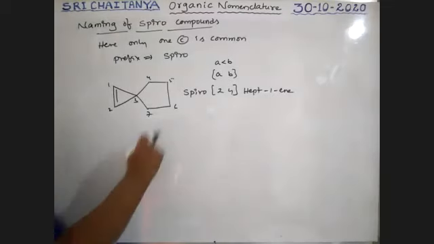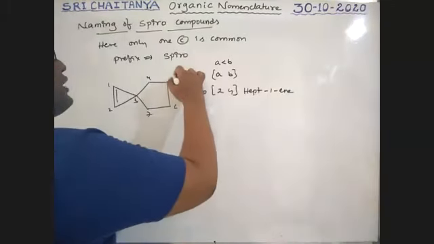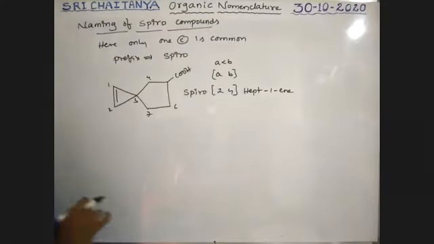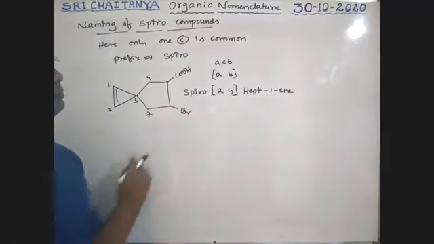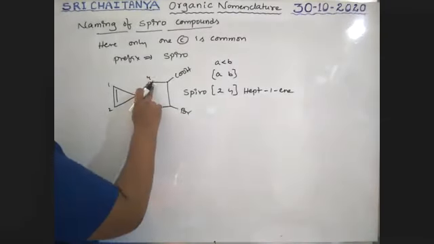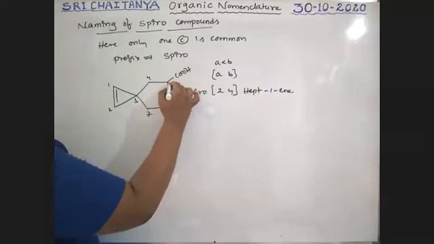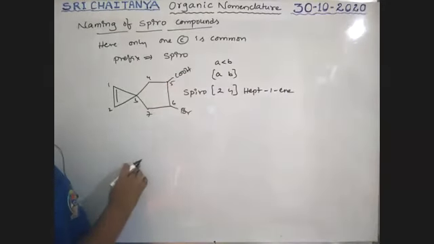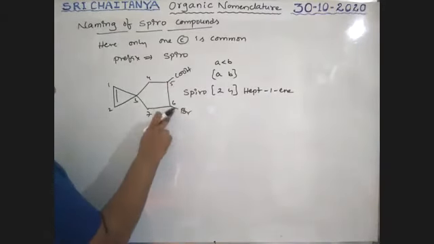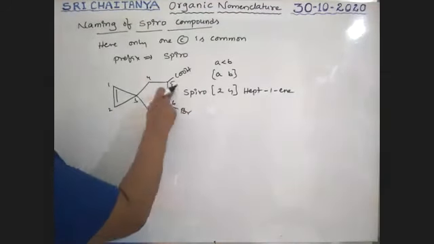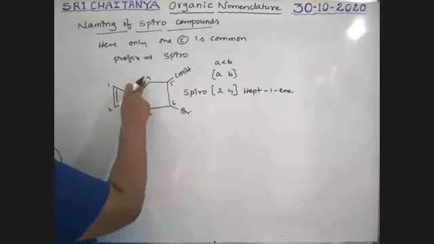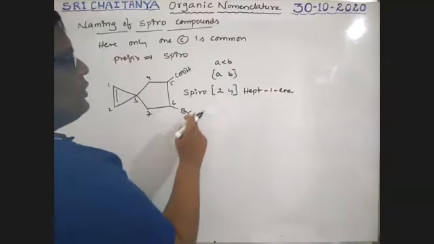For example, if I take a COOH group here and a Br group here, the COOH has the lesser number. That is why 5, 6, 7. If COOH is here, then 3, 4, 5, 6, 7 goes like this. So what is the name of this compound?